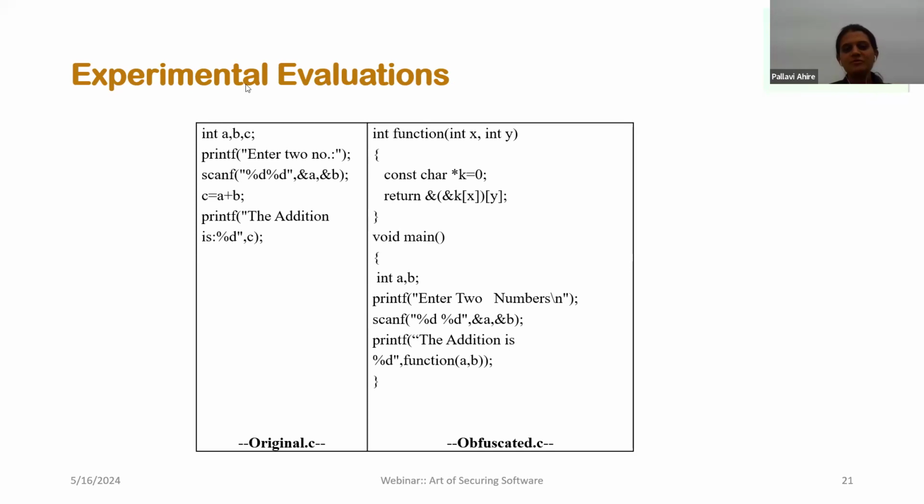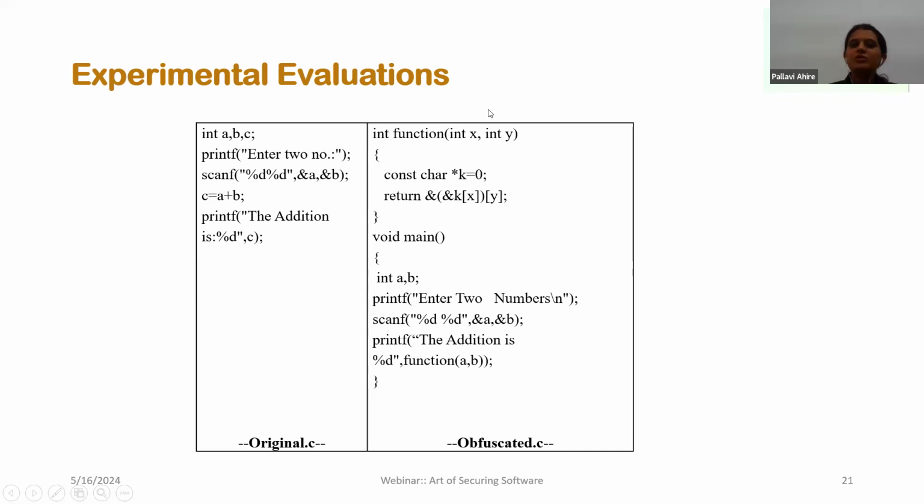If you observe the main function, I have two variables a and b. I will accept their values from the user, and I will print the result. In printing the result, I will call the function, because in main I'm calling the function here, function of a comma b. Now it will go to this. This is my function declaration and my function definition. Now what is written here?